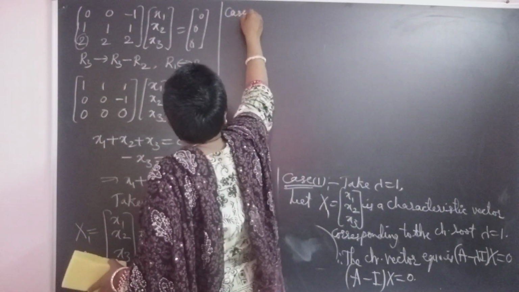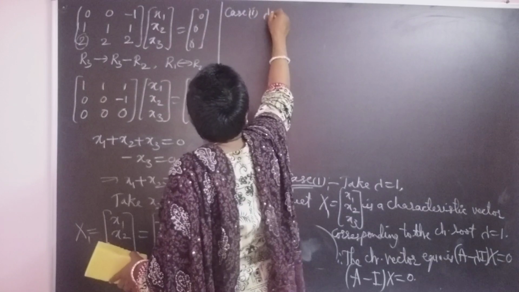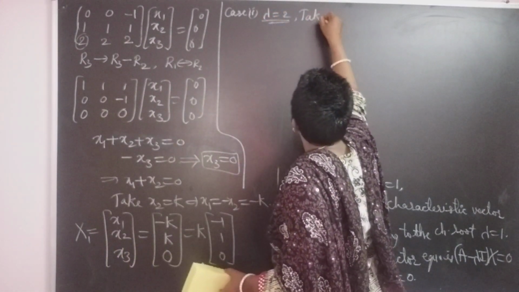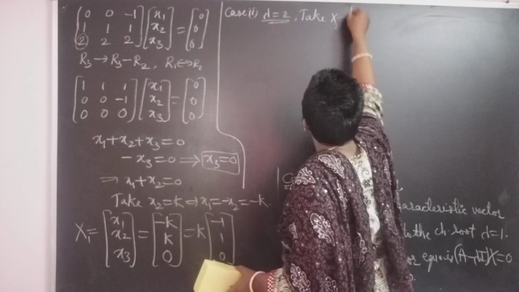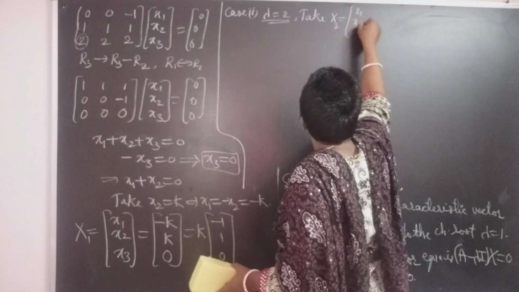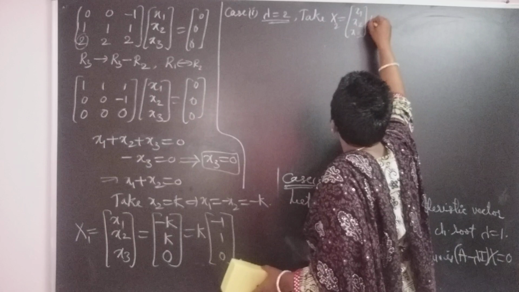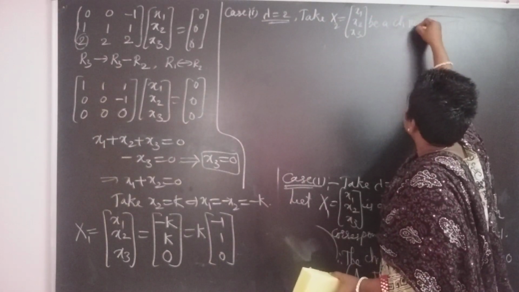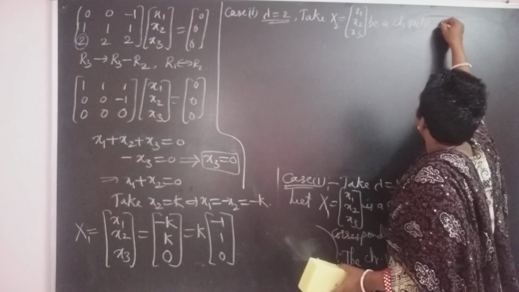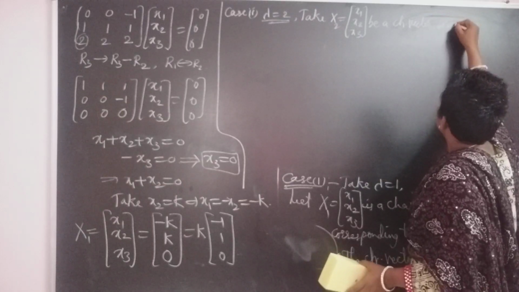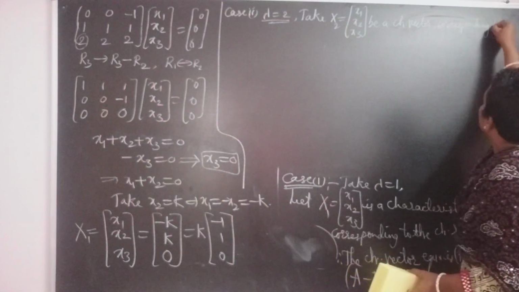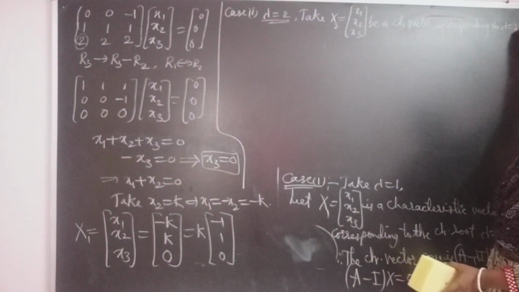Case 2, lambda equal to 2. Take capital X2 equal to x1, x2, x3 be a characteristic vector corresponding to lambda equal to 2.